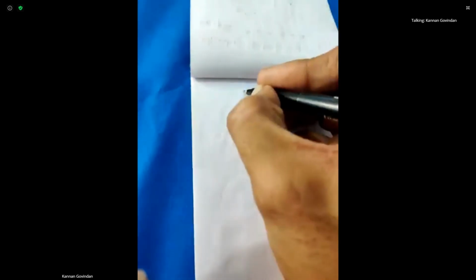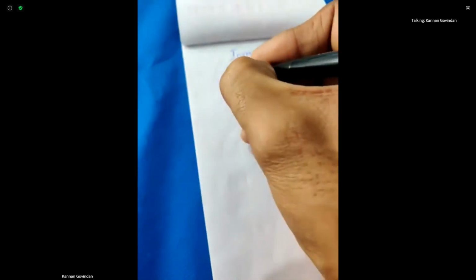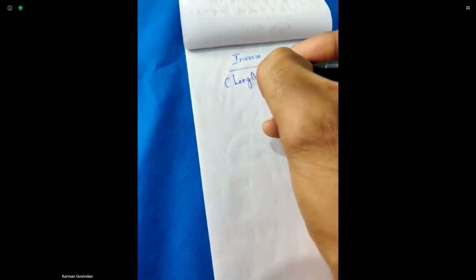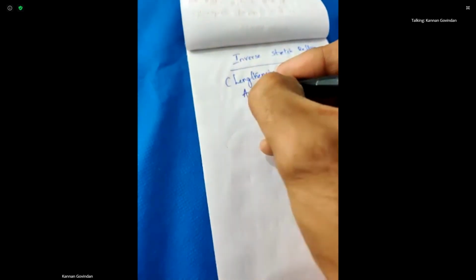We have another reflex called as inverse stretch reflex. Inverse stretch reflex, otherwise called as lengthening reaction or autogenic inhibition.